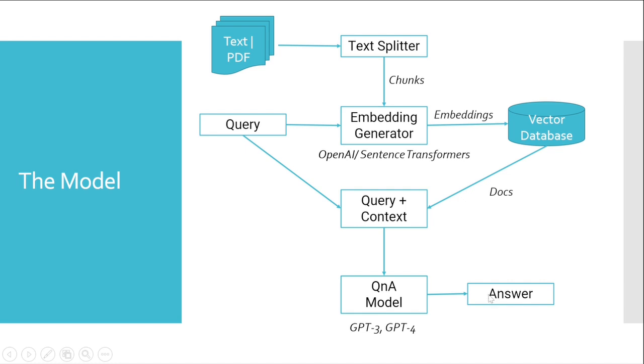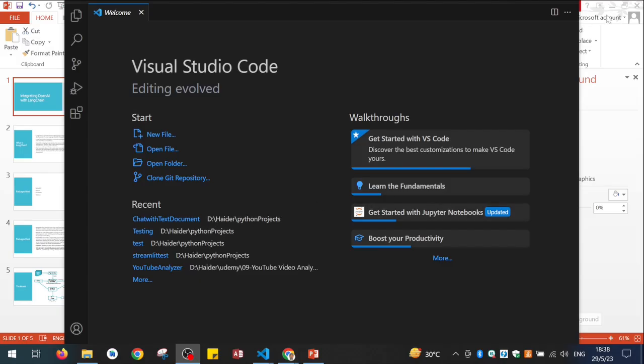So let's go to the code and see how we are going to use our own text document to create a summary or to ask questions from the text document. So we will go to Visual Studio Code. I'll open Visual Studio Code. Here I am, and I'll click on open folder.